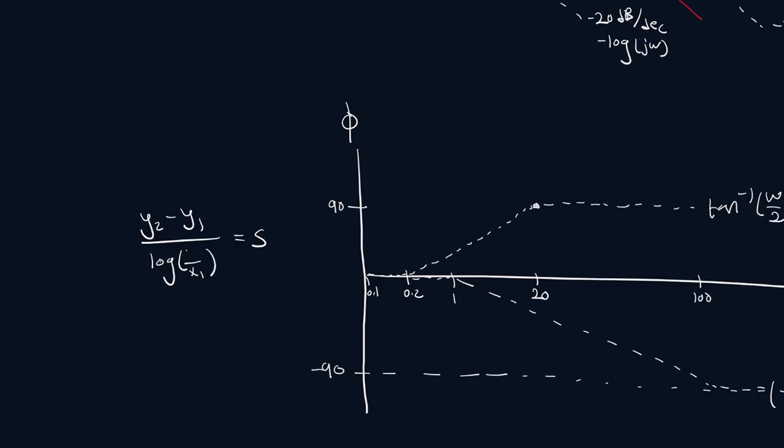So x2 will be 20, x1 will be 0.2. So at 20 we know it's 90, and at y1 we know it's going to be 0 here. So we get a slope of 45 degrees per decade.